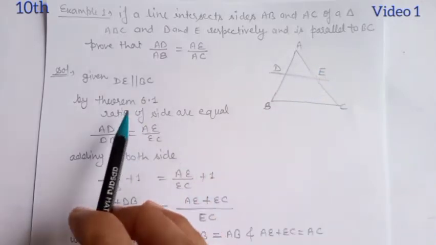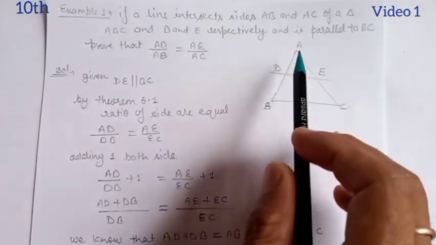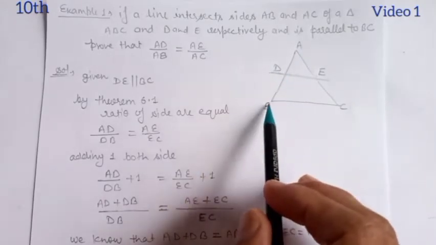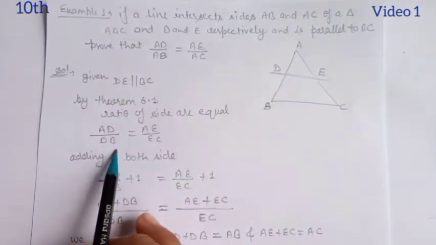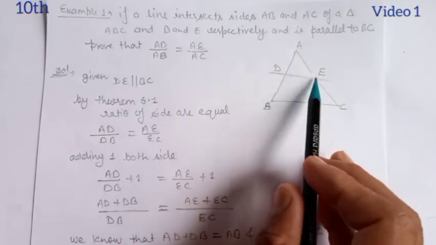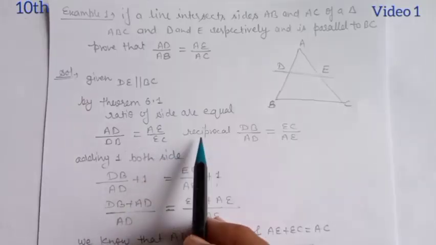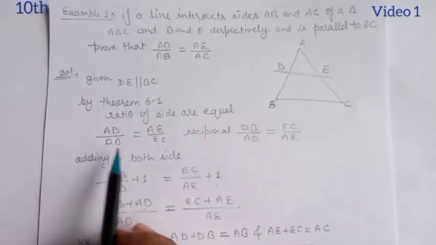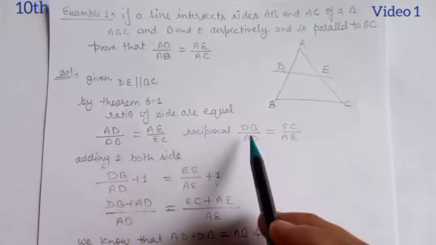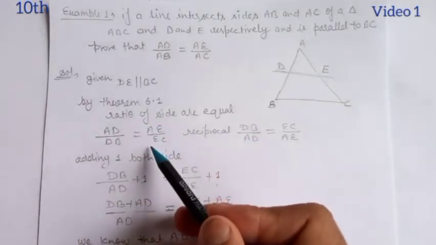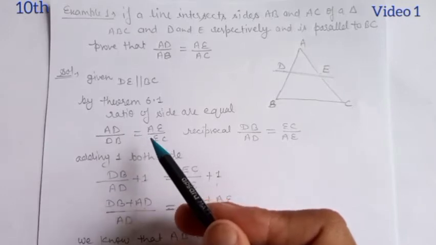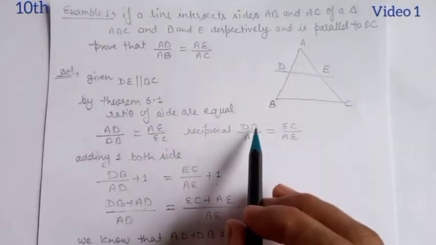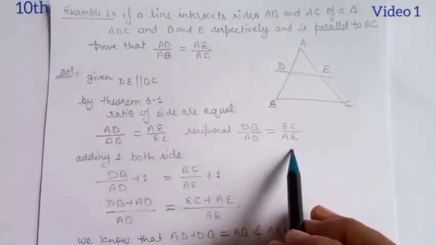So here, since DE is parallel to BC, AD upon DB is equal to AE upon EC. Now we take the reciprocal, reversing numerator and denominator. So it is DB upon AD is equal to EC upon AE.